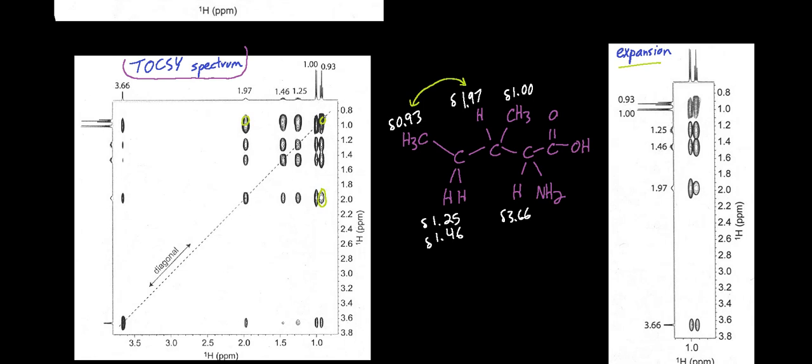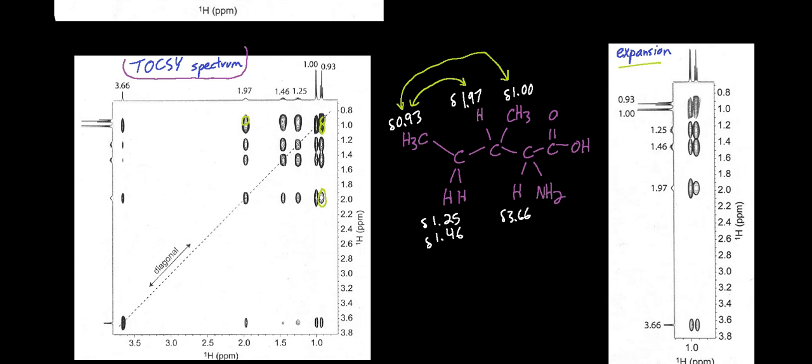So notice they're not adjacent. That would be a long-range coupling, but in TOCSY you see all the correlations. So we should see a correlation between 0.93 and 1.0. And in fact, yes, we do see that. They're very close to each other.